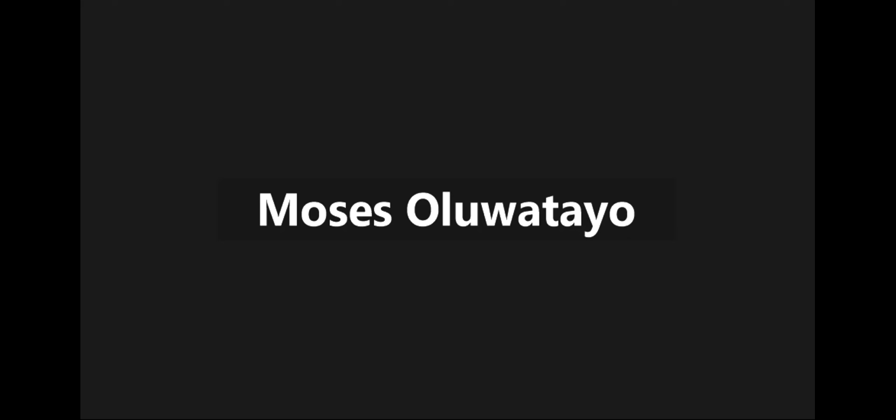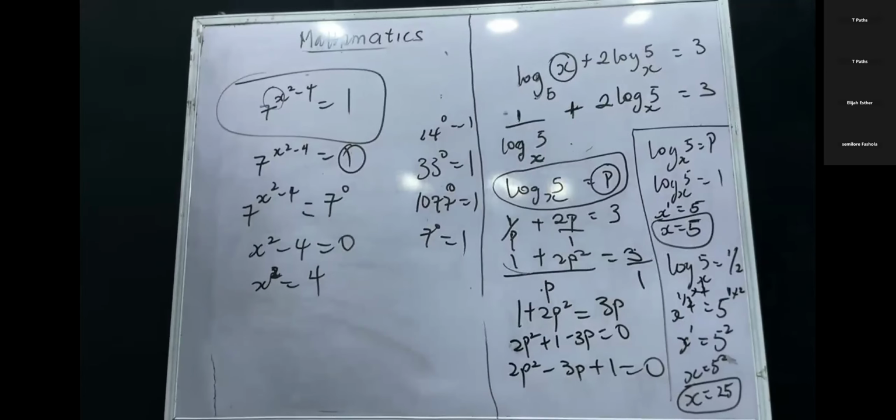So I have 7 raised to the power of x squared minus 4 is equal to, instead of 1, I'm writing 7 raised to the power of 0. Now, because the bases are the same, I can equate the indices.